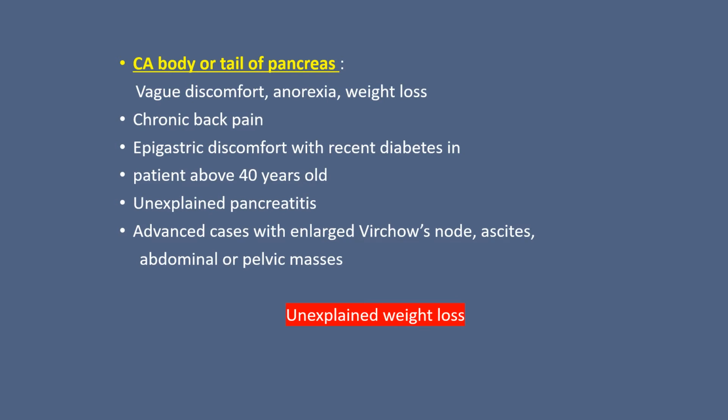Unexplained weight loss in patients with tumors of the body and tail of the pancreas is another common presentation which must not be forgotten. In any patient with unexplained weight loss, a diagnosis of cancer of the pancreas must be considered.